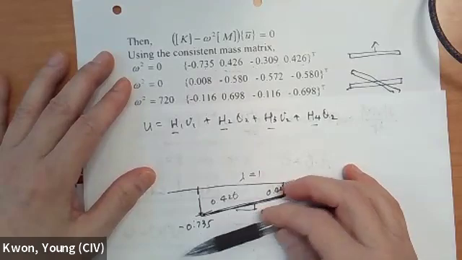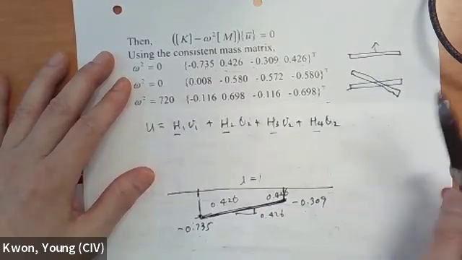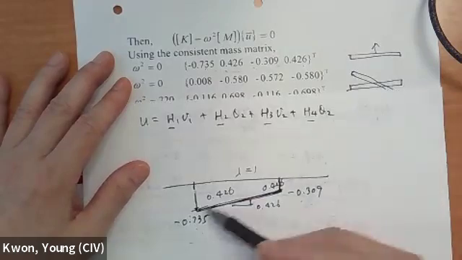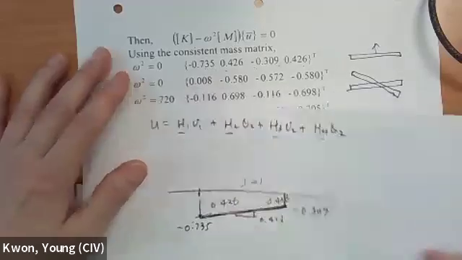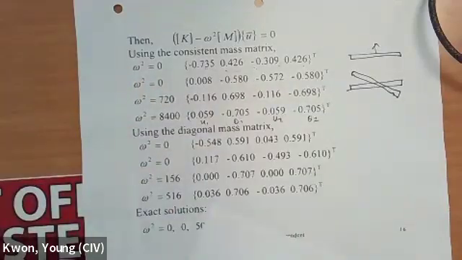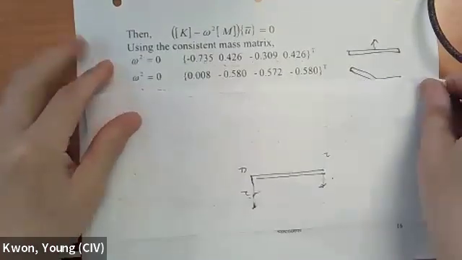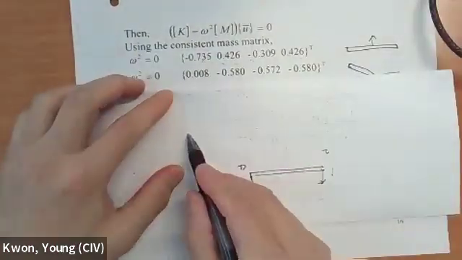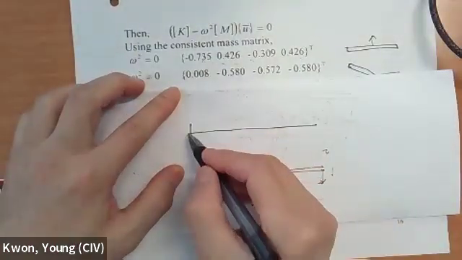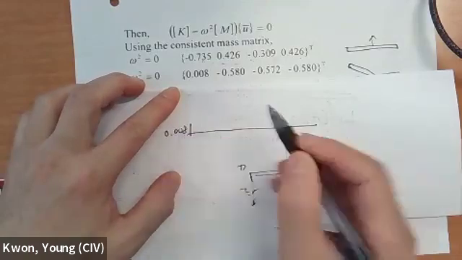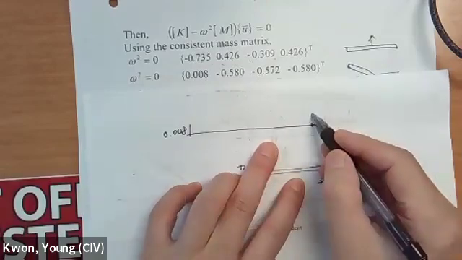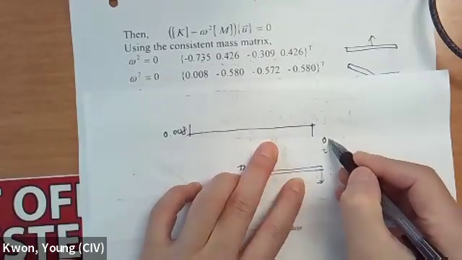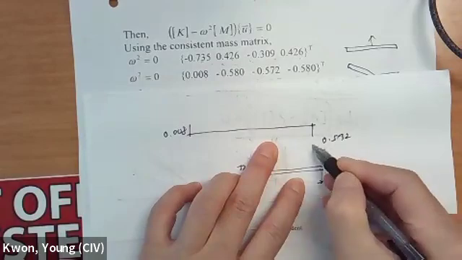Okay, separating those rigid body modes is not easy in a numerical sense. So this represents one of the rigid body modes, and likewise, if you do the second one, then this is 0.008, the first node, and this node is going to be negative 0.572.